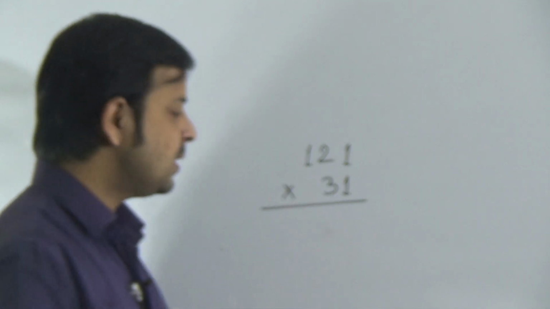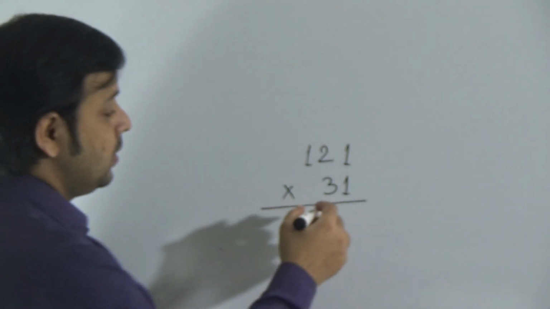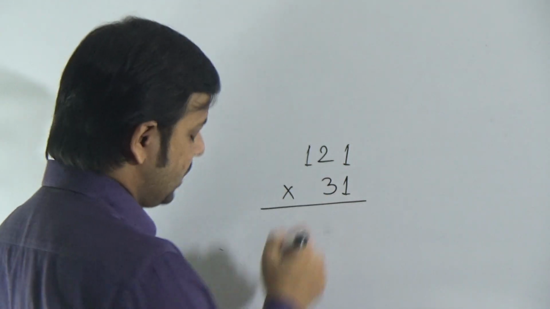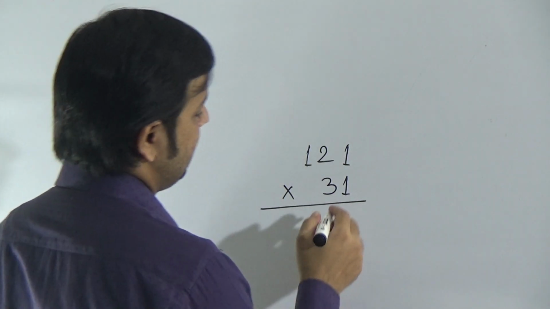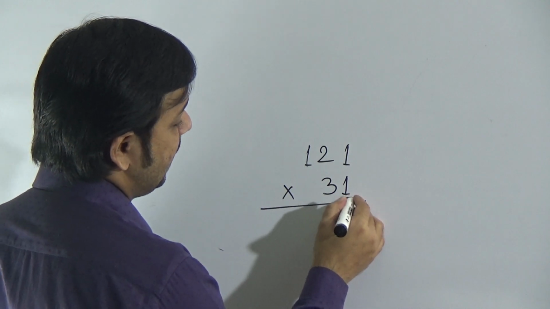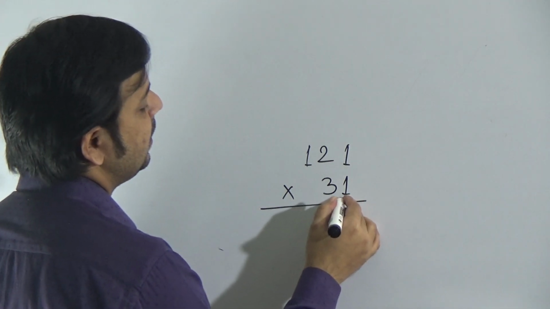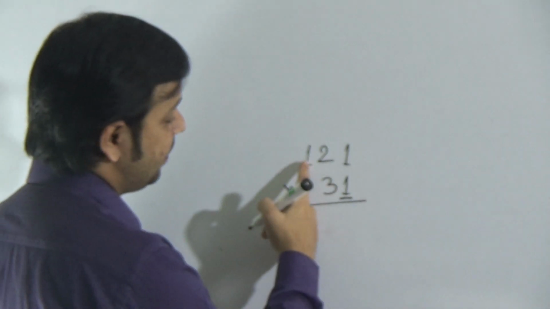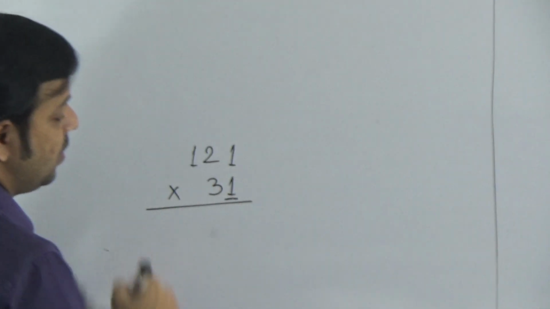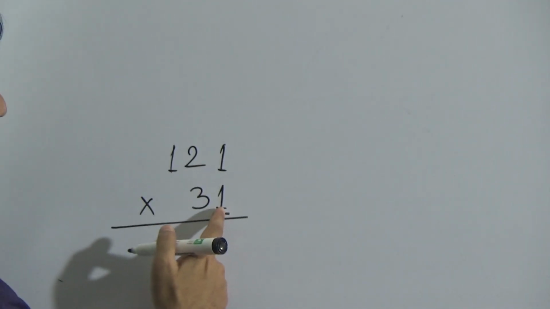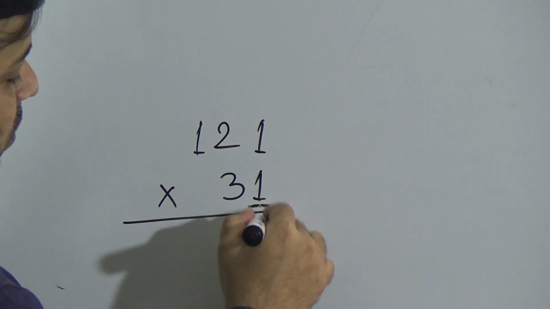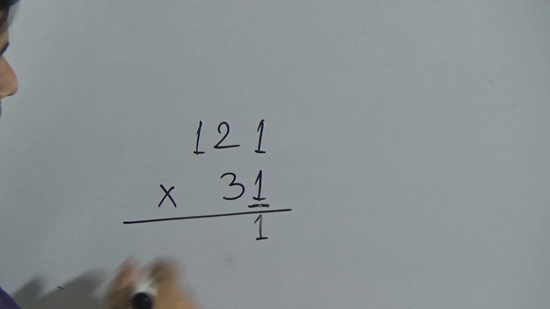Okay, dear students, see now, to multiply a number by a two-digit number, you have to remember that at first you have to multiply by ones place. Here ones place is 1. So, at first you have to multiply 121 by 1. If you multiply, 1 ones are 1.